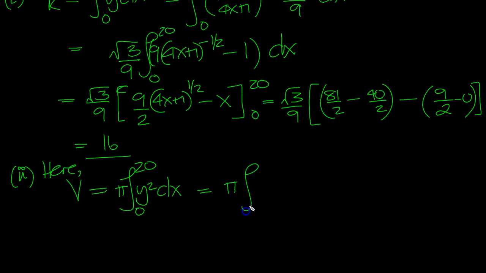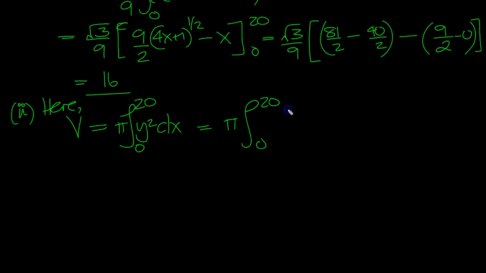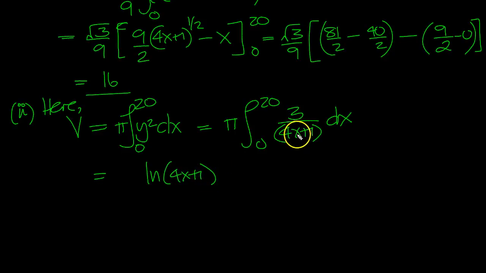Pi y squared. Now y squared would be that squared, 3 over 4x plus 1, dx. Ln 4x plus 1, log goes to 1 over, multiplied by the 4, so we'll need a 4 underneath.